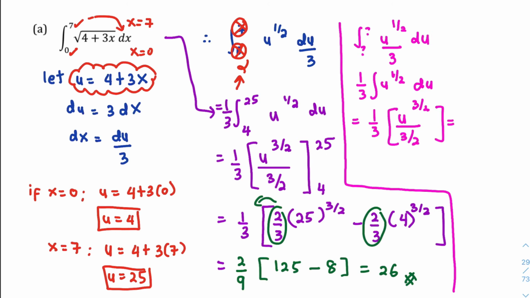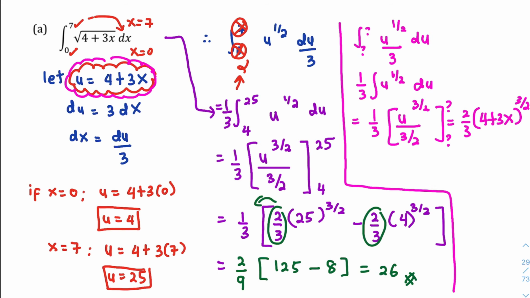If you simplify this, you get 2/3. Now change your u back in terms of x, where u is 4 plus 3x. So resubstitute: 4 plus 3x to the power of 3 over 2.